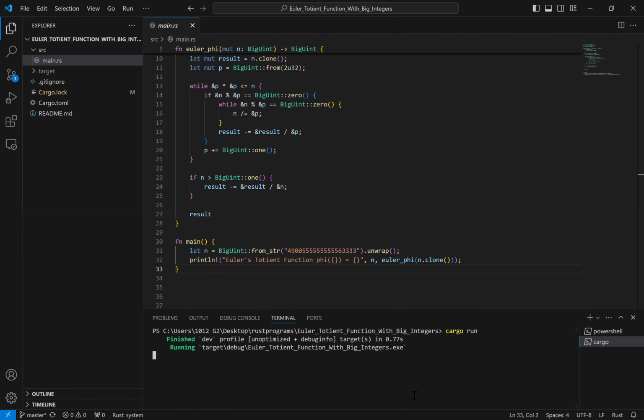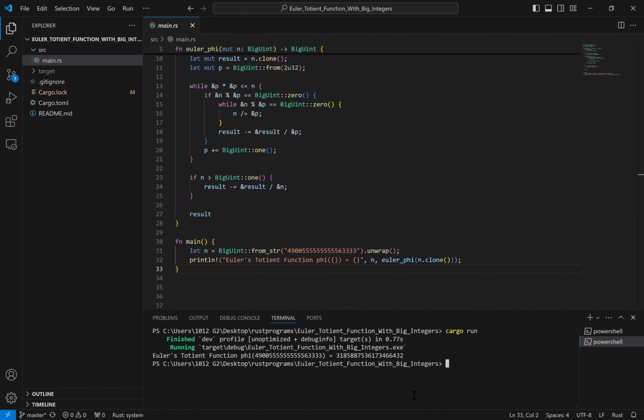So that is the number, and we check. We want to see whether it's running. It's running. Good. One good thing with using big units, if the code is well written, it will run and give you the result. It will not fail.